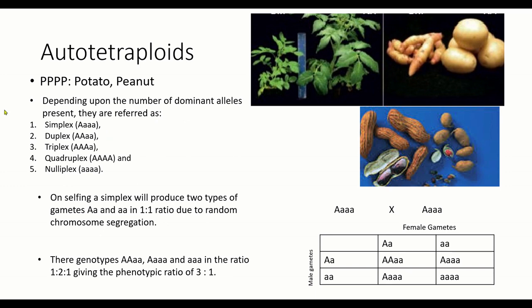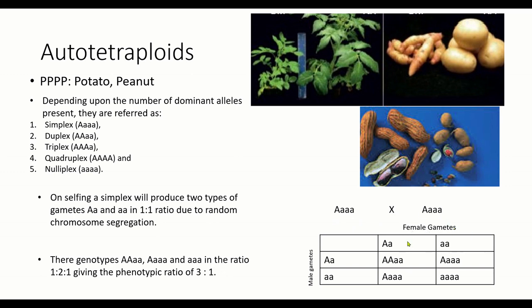And say, for example, there are segregations. Since we are talking about simplex, quadruplex and duplex, what if we self or cross between these? There can be different mechanisms. When we do this, the gametes will have capital A small a in one and small a in the other. Likewise, when we have a selfing of simplex, there will be a crossing between these two simplex types.